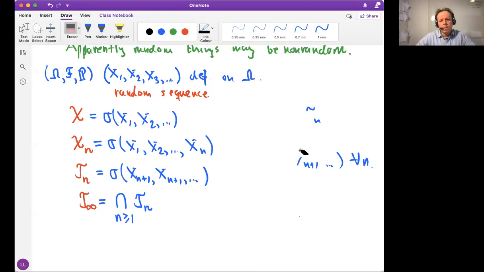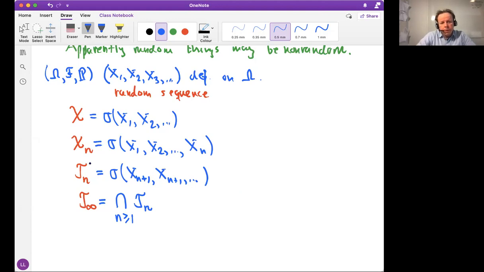And then we'll look at the question: what can we say about the ordering of this collection? First of all, we know that Tn is the smallest sigma algebra which makes all of these random variables measurable.